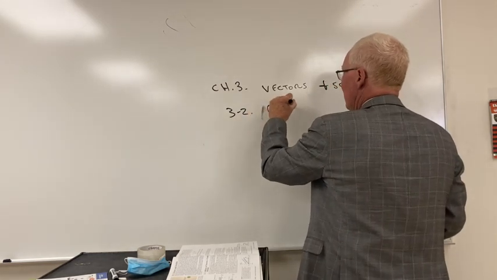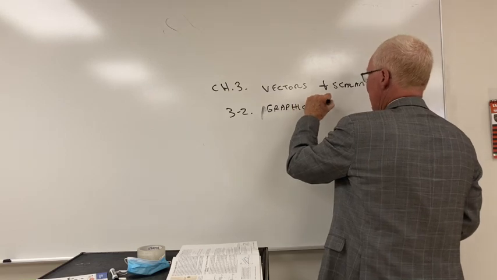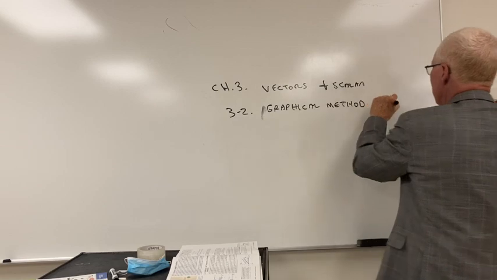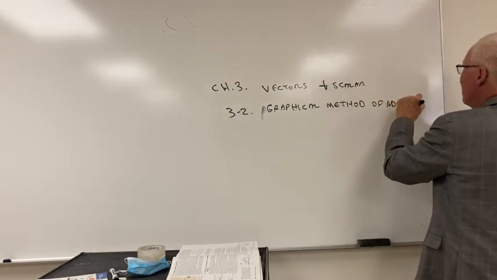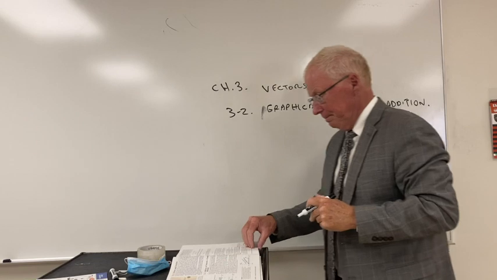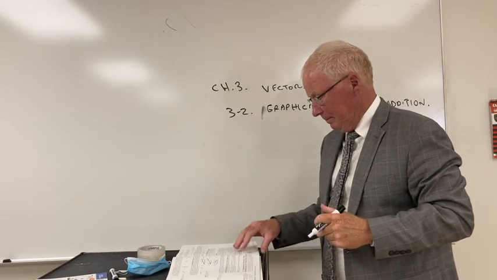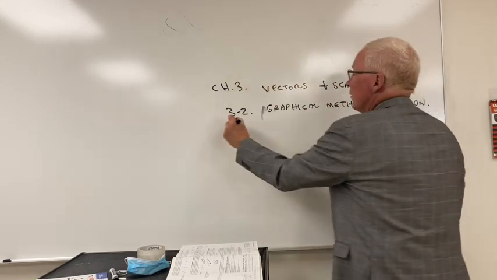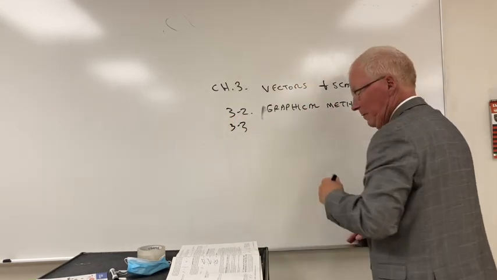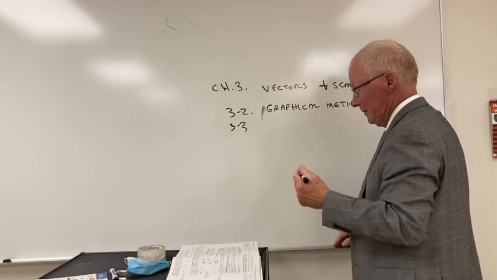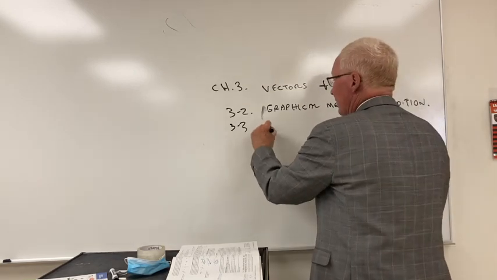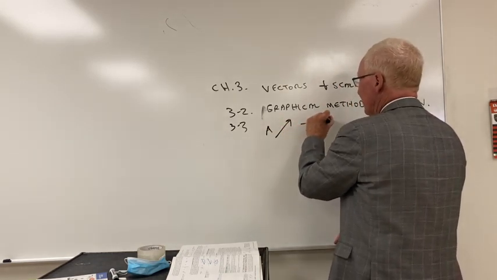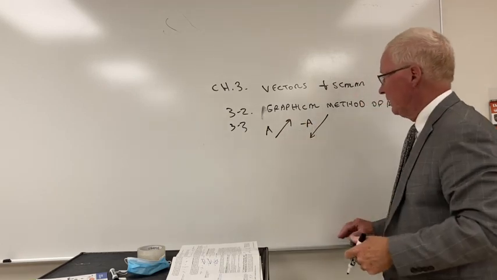graphical method of addition. That includes sections 3.2 and 3.3, so keeping in mind that if A is this, then minus A is the same vector in the opposite direction.